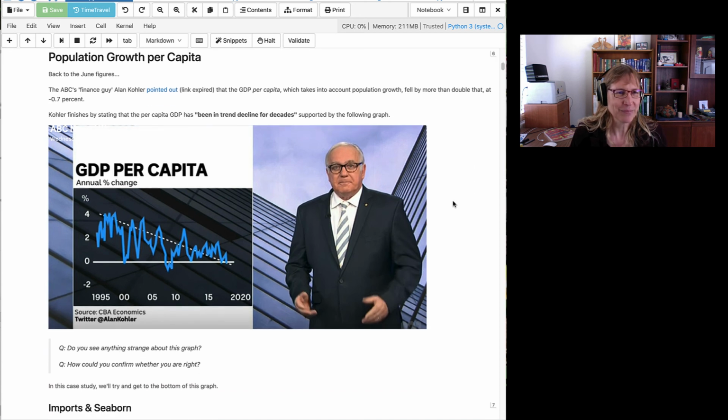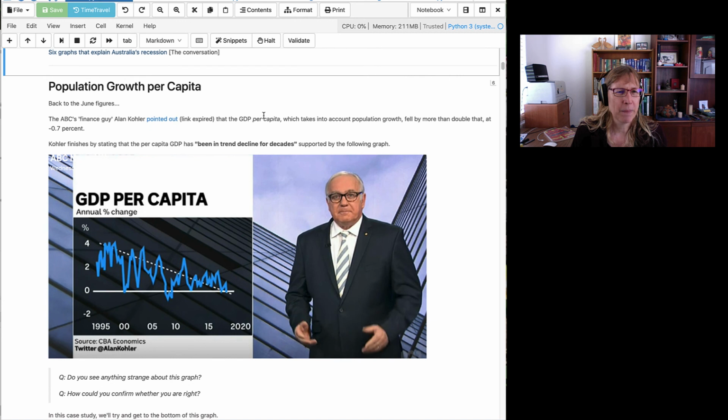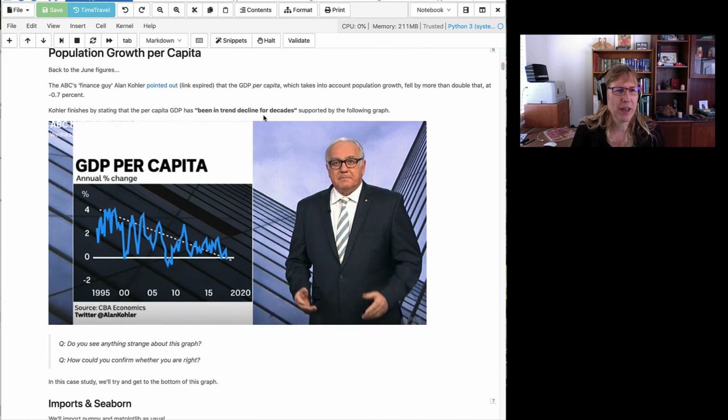So Alan Kohler, in this report, he states, so he's talking about population, GDP growth per capita, that probably should say. And he's saying that the per capita GDP growth has been in trend decline for decades. And he puts up this graph here.